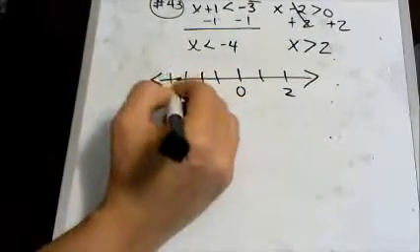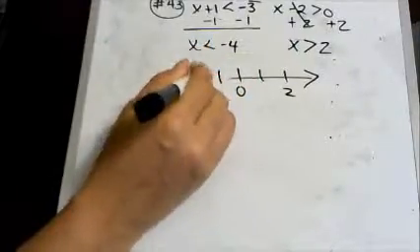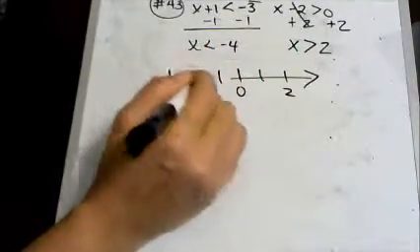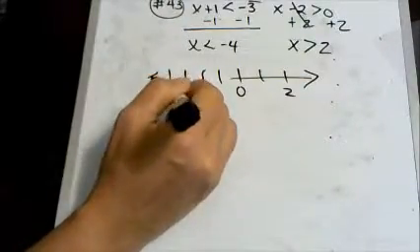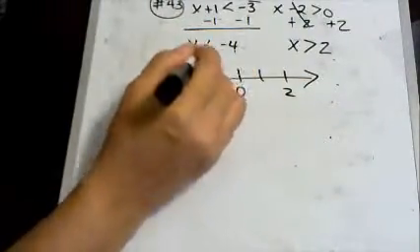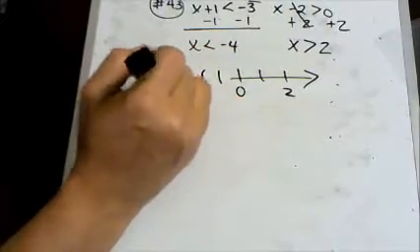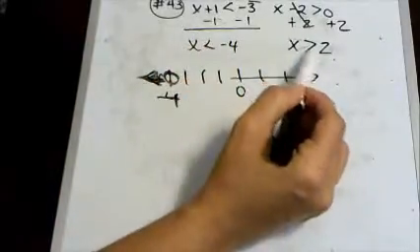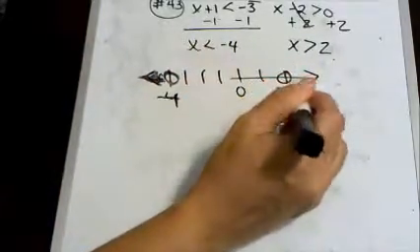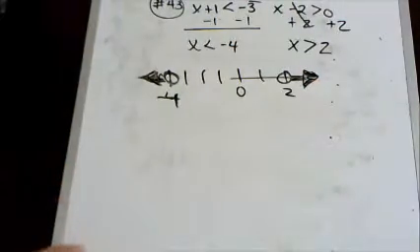Alright, here's my negative 4 right here. So x is less than that, so it's going to go this way. Open circle. X is greater than 2, so we're going to have an open circle right here. That's number 43.